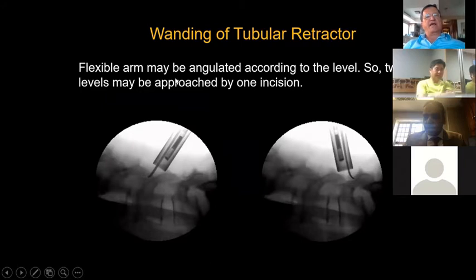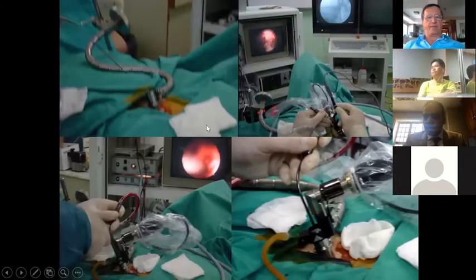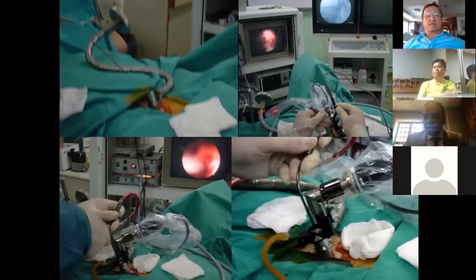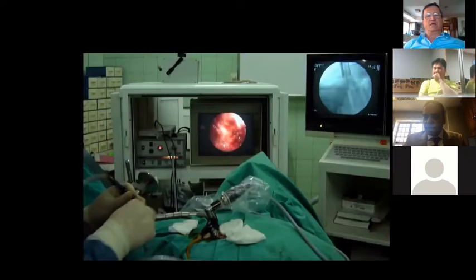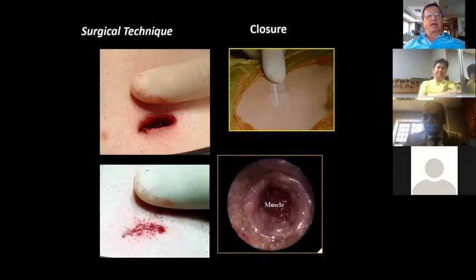The flexible arm can be angulated, so that with one incision you can approach 2 levels. For instance, with one incision, you can look at the L4-5 and L5-S1 levels. This is with the endoscope setup. And this is the closing.